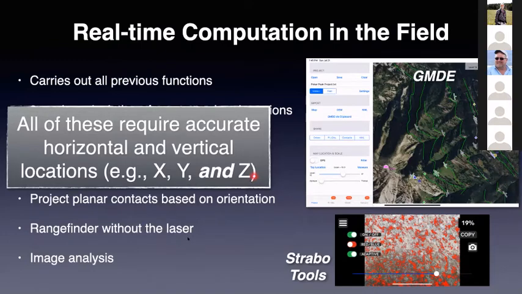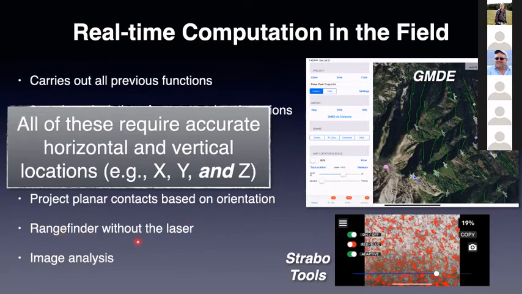So there's a new calculation that the next version of GMDE will use, and I'll just show you a screenshot of it next before going to the demo, which is a rangefinder function in GMDE.